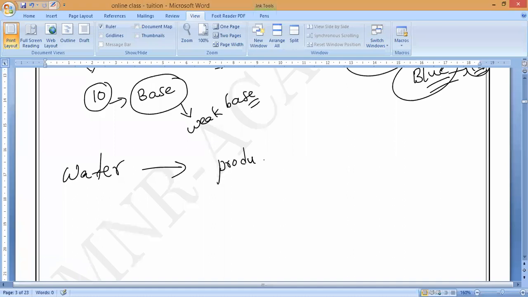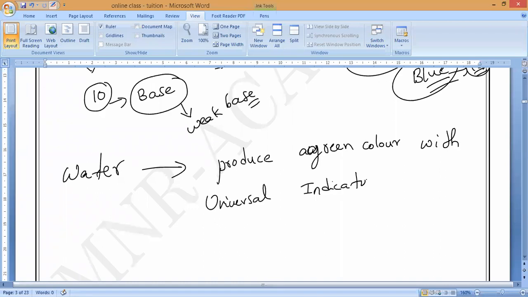Understand? That is what you have to remember. Water will produce which color? Green color, with the universal indicator. Most important one. All of you should remember.